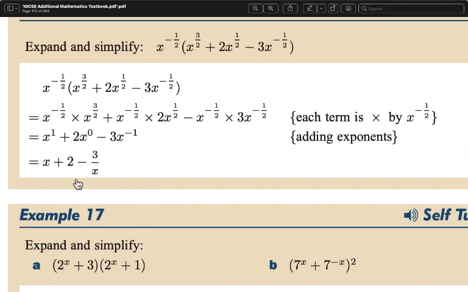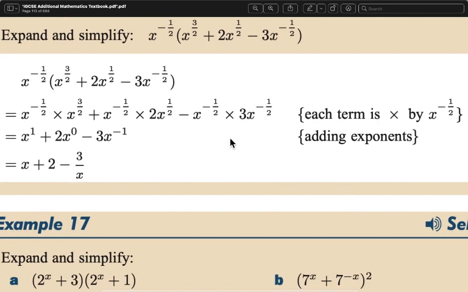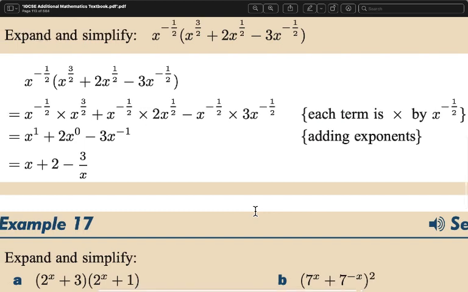So minus 1 over 2 plus 3 over 2 equals 1. Minus 1 over 2 plus 1 over 2 is 0, so 2x to the power of 0, so the constant term is going to be 2, and minus 1 over 2 minus 1 over 2 is going to be negative 1.